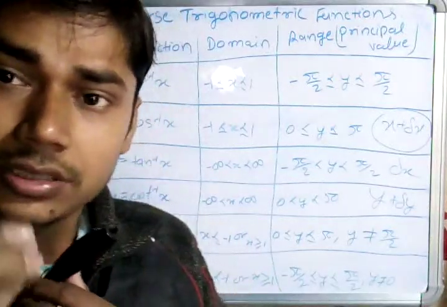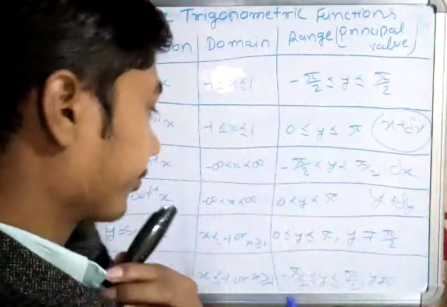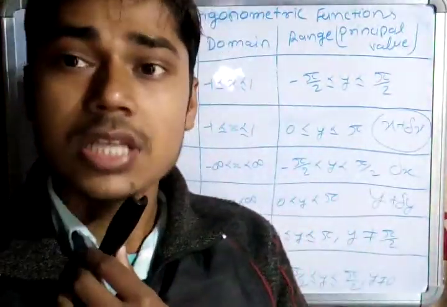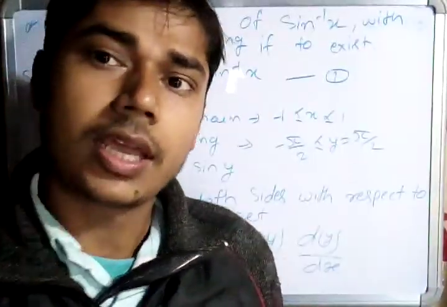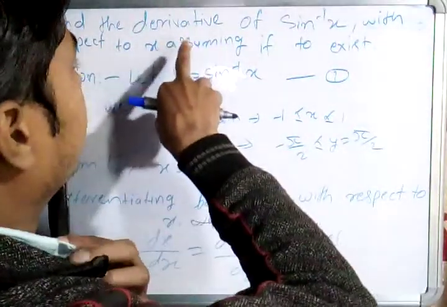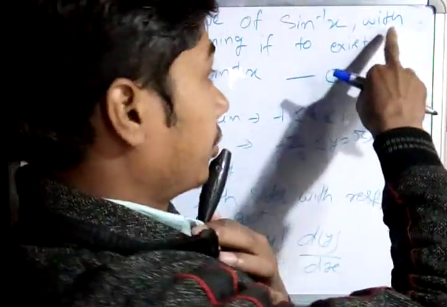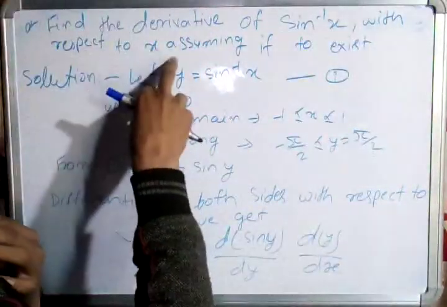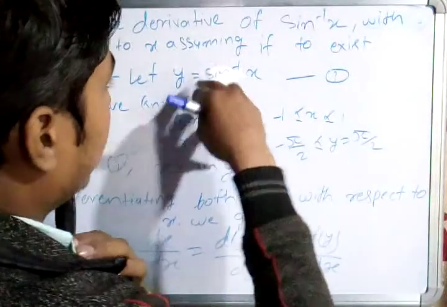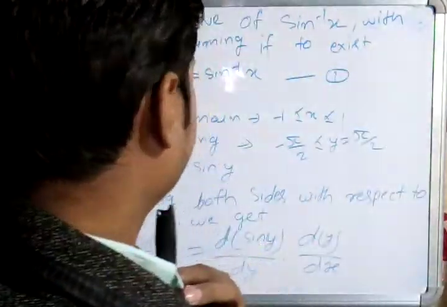So we reach 1 by root under 1 minus x square. Look here carefully: find the derivative of sine inverse with respect to x, assuming it exists.